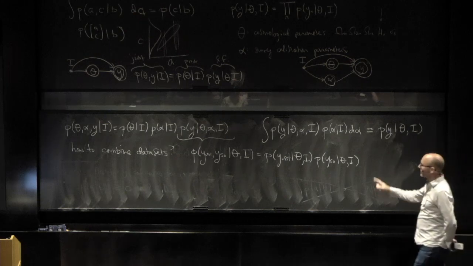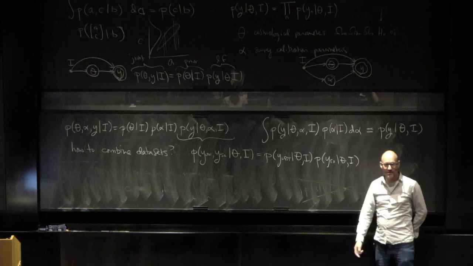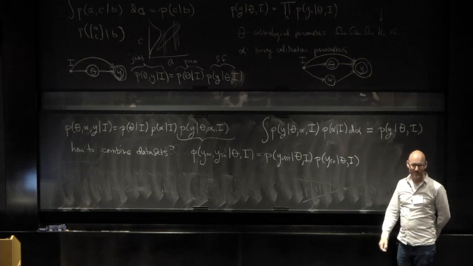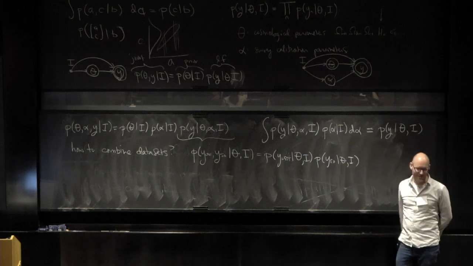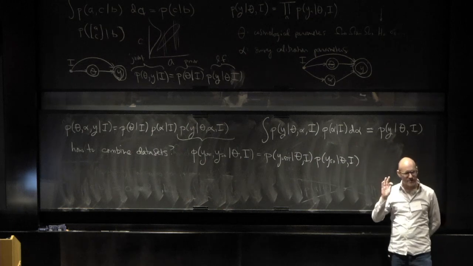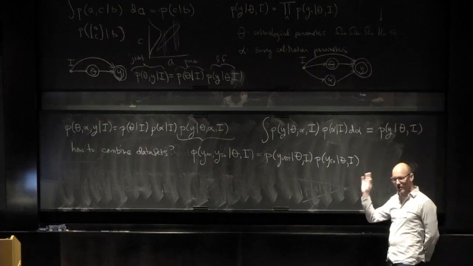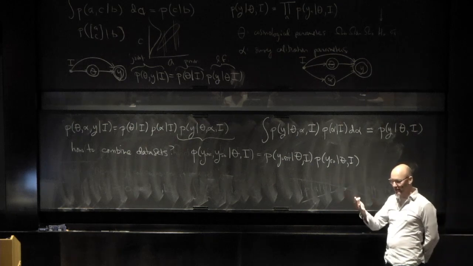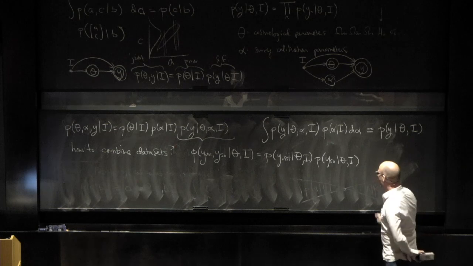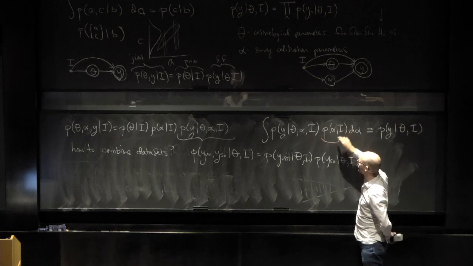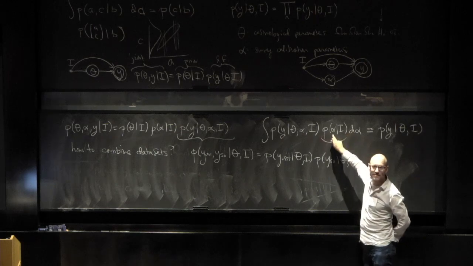Now, many things to say about this. First of all, this Bayes just appeared. Bayes hasn't really appeared up till now. The only sense in which I've been Bayesian up till now is I said there's this likelihood principle that all information flows from your data through this likelihood function. But here, Bayes appears because in order to get rid of this, I needed to have a prior on it and do the integral with that prior.